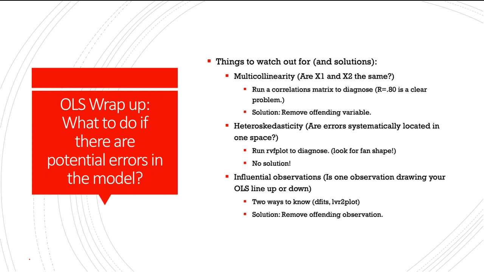Now, this could also vary depending on the size of your sample. The smaller your sample, then the lower that bar might be. It might be 0.7 instead of 0.8. So sometimes we have to make a judgment call, but typically 0.8 or higher, you're talking about high levels of collinearity or multicollinearity. The solution, if you identify this, is to simply remove one of those offending variables.